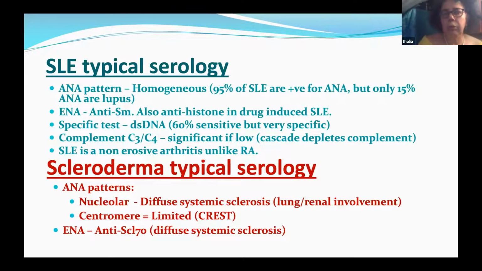I'm not talking about lupus nephritis, which clearly is a very, very serious condition, in which case we have to check the urine, for example, and we are looking for protein in the urine. The complement C3 and C4, it is of importance and significance if it is low. If it is elevated, it does not mean anything, and it is not dangerous.